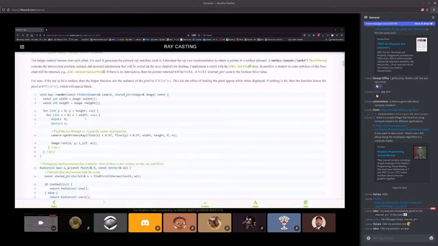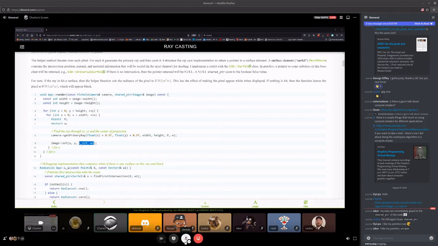We have our render function. We go through each pixel individually. We get a primary ray, and this gets the point P and vector W, and it puts the values in there, and then we set our image at pixel X and Y using the luminance function given a point and vector.